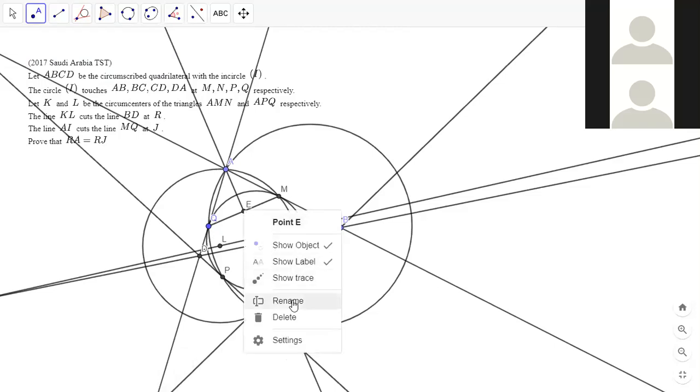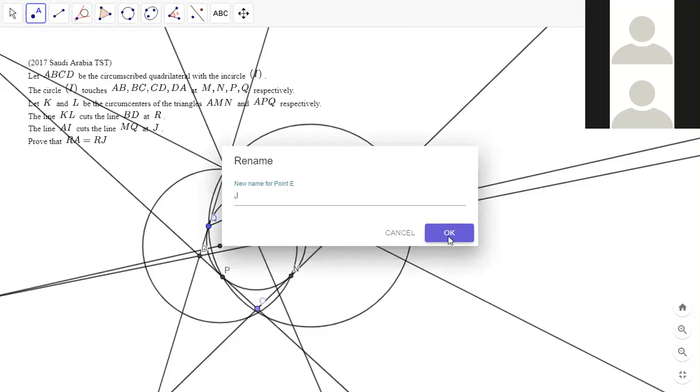So this is J. That point way over there is R.